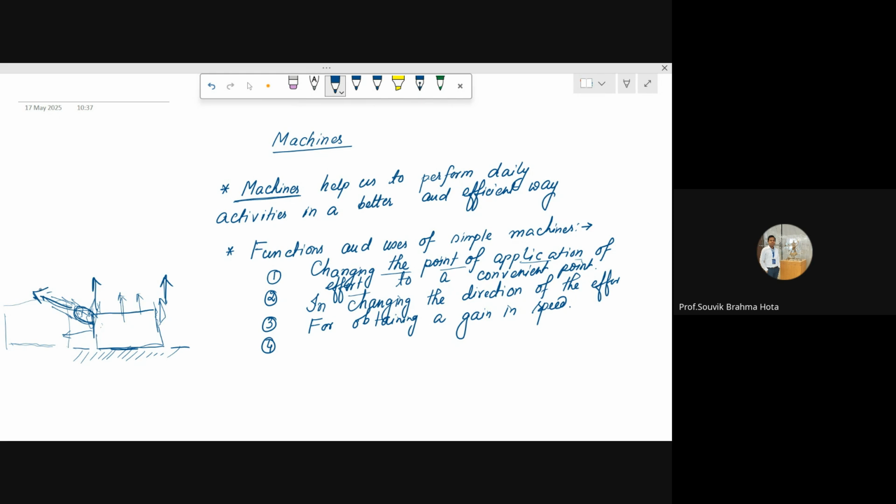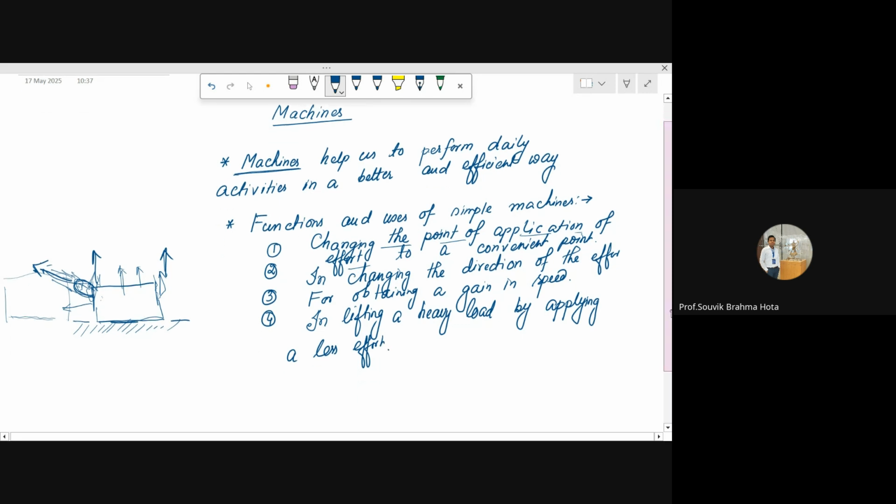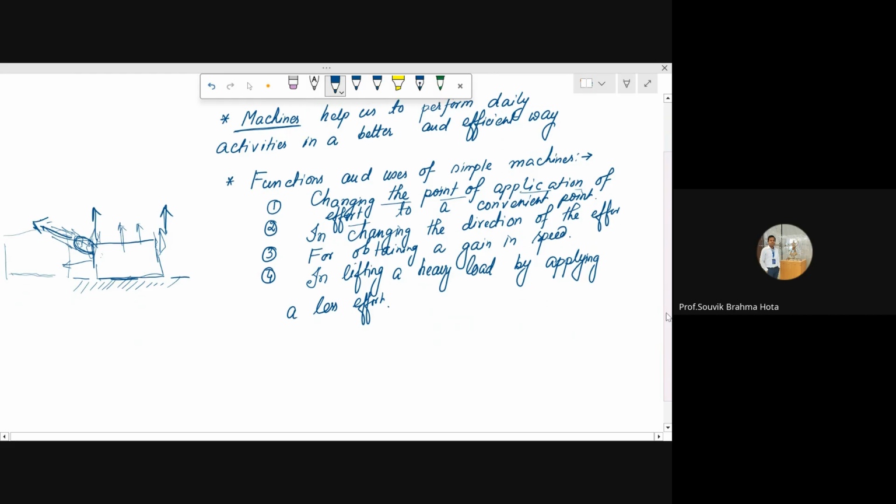Then, lifting a heavy load by applying less effort. These are the important points that you should remember. Those are the functions and uses of simple machines, and machines help us in these four ways.